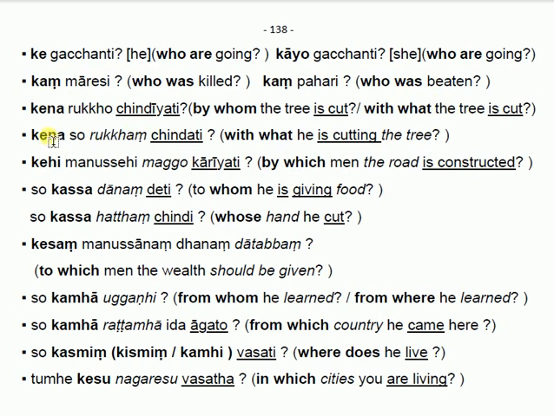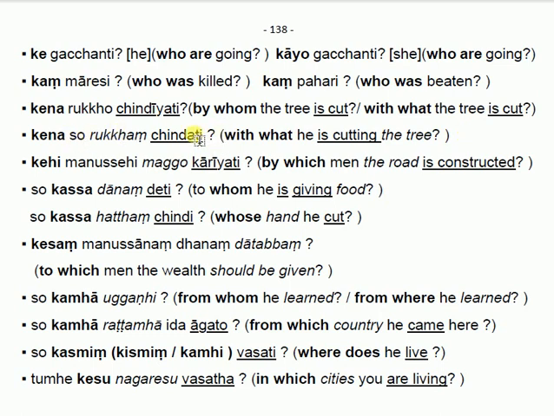Then kena, here instrumental case, singular. Kena rukko chindiyati. Rukko means the tree, chindiyati is cut off. So by whom the tree is cut, or with what the tree is cut.